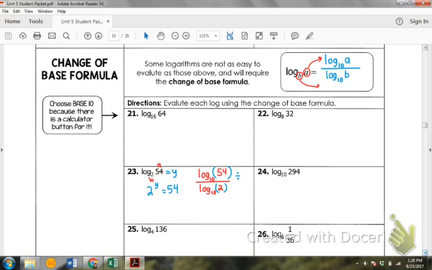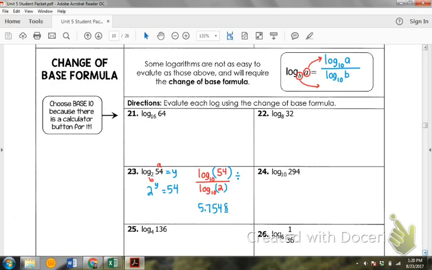Hello, decimal. You should be getting a decimal. So log 54 divided by log 2. I'm getting 5.75. Is that what you guys are getting? Okay. We like to take it out to 4 decimal places. So on this one, 5.754, but then this is an 8.